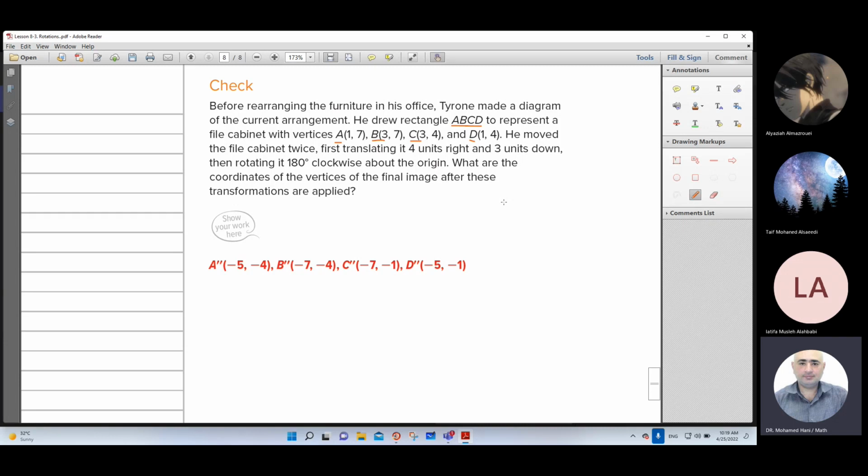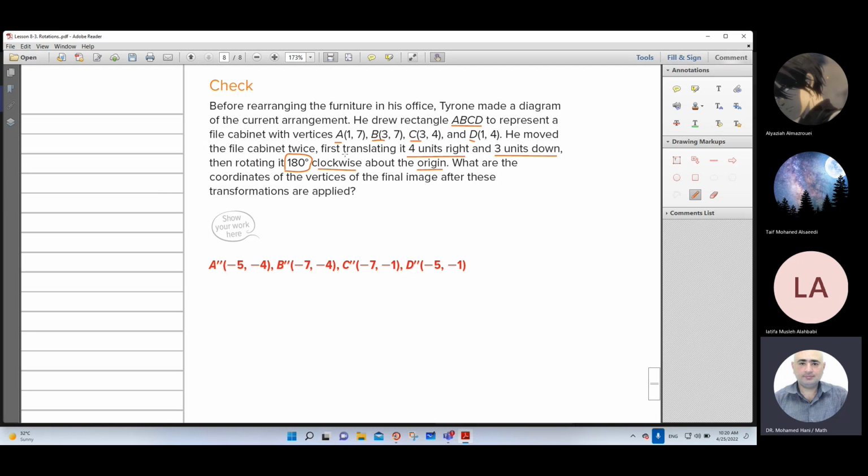First, translating it 4 units right and 3 units down. Then rotating it 180 clockwise about the origin. What are the coordinates of the vertices of the final image after this transformation?